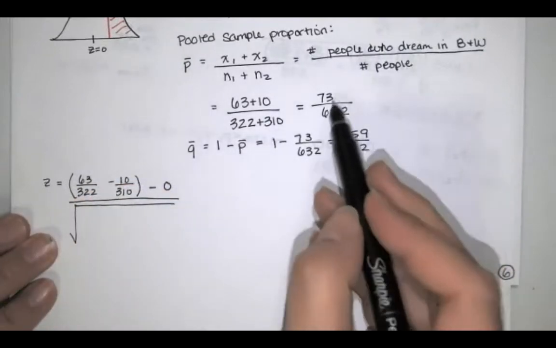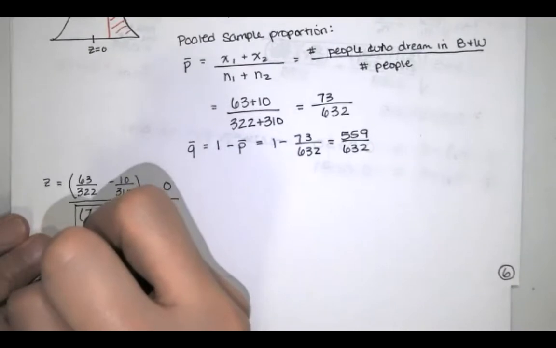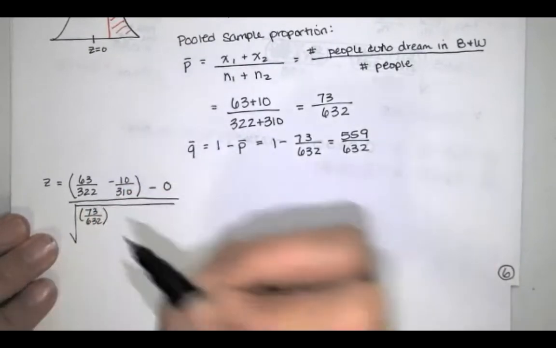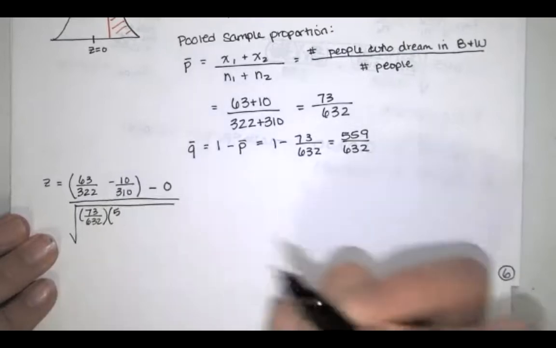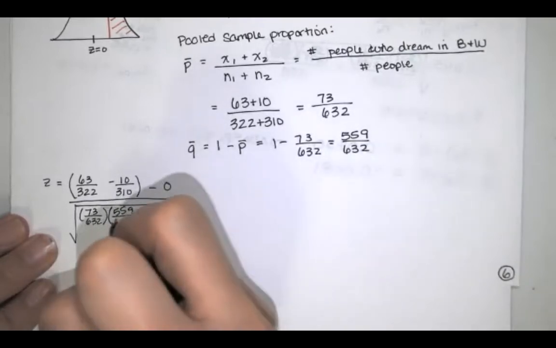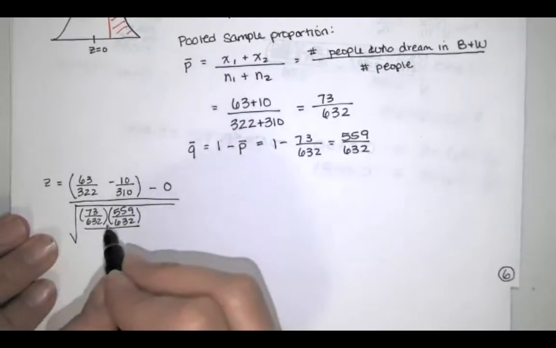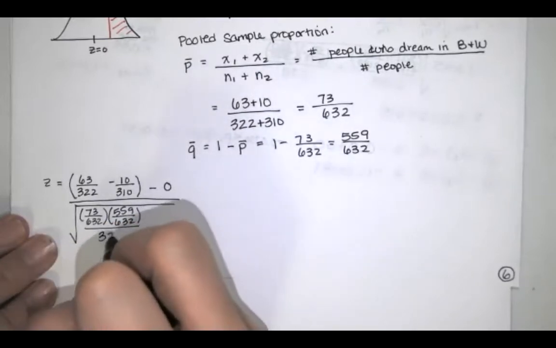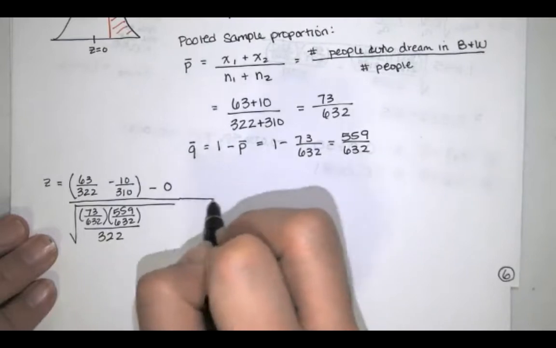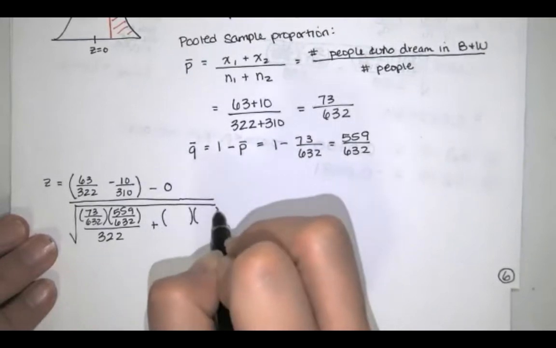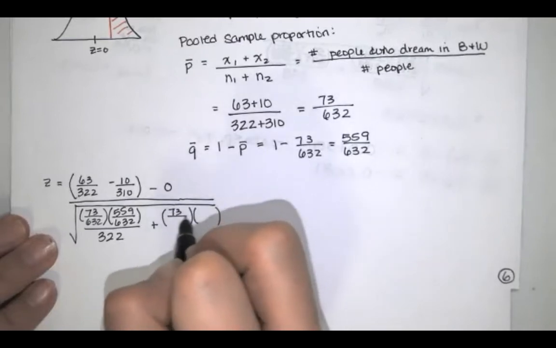Q bar and p bar are these two numbers. So we're going to have 73 over 632, and then we'll have 559 over 632. And we're dividing by that first sample size, and the first sample size is 322. And then we're going to add p bar times q bar, so those are going to look exactly the same.